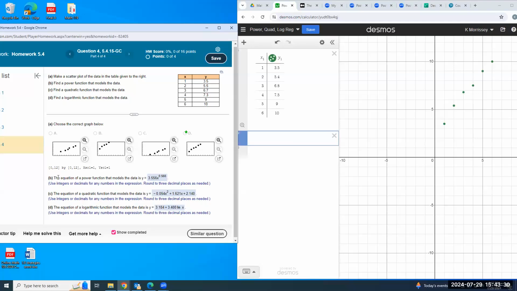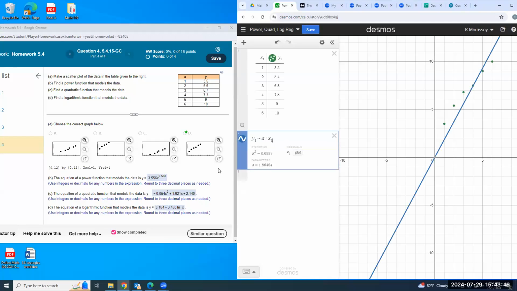When it says the equation of a power function, it's giving us the setup for y sub 1, your squiggly line, equals a times x sub 1 raised to the b.